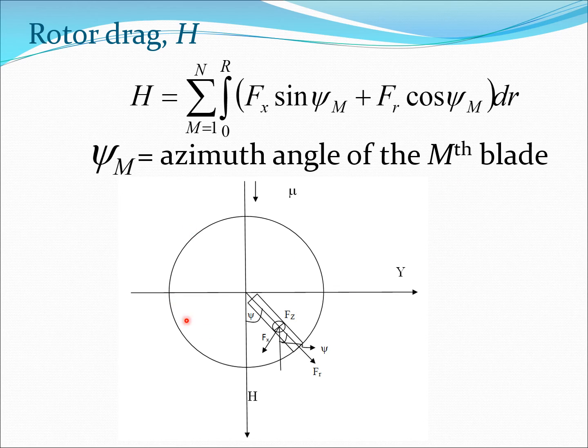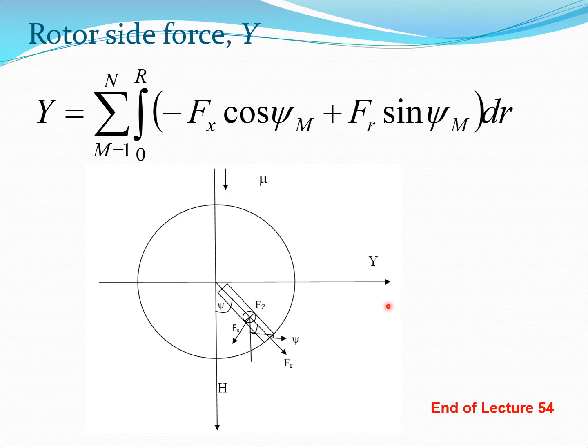There are going to be several blades here. One blade may be here, one blade may be here, one blade may be here. So the psi would be different for each: there would be the starting angle plus some radians and so on. You need to calculate that based on the number of blades which are there across the rotor disc.